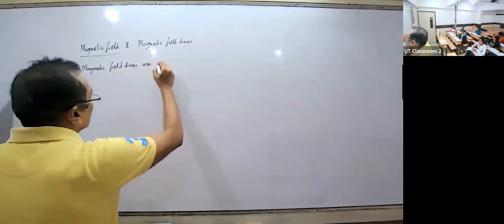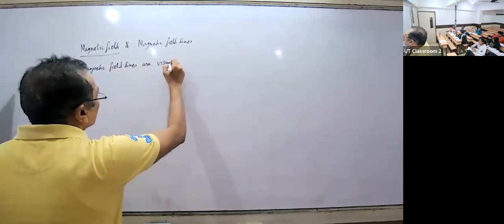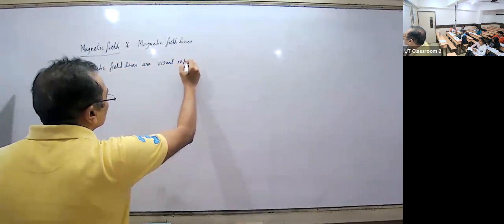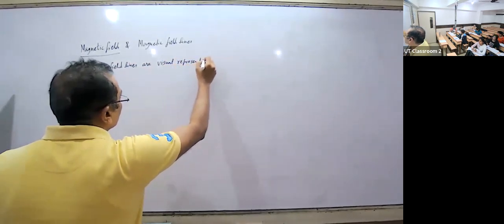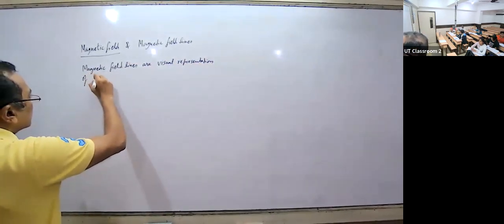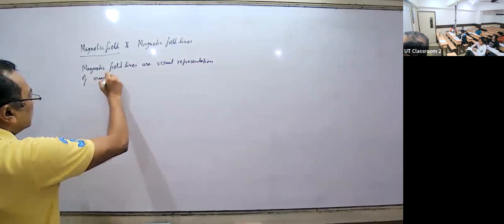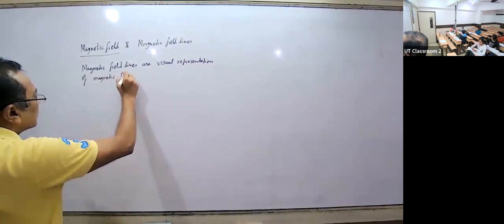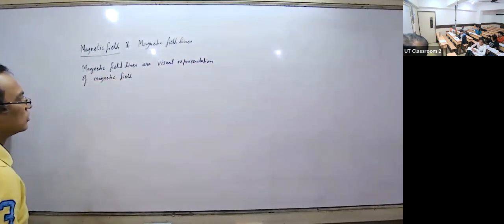Magnetic field lines are visual representation of magnetic field, right?